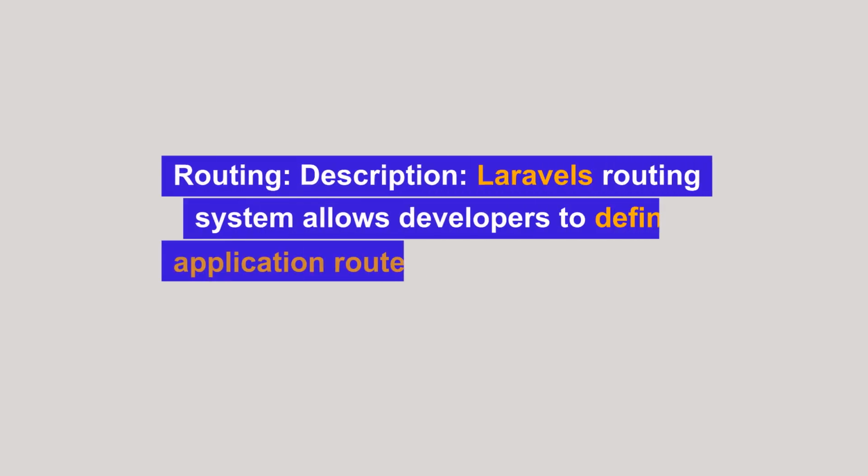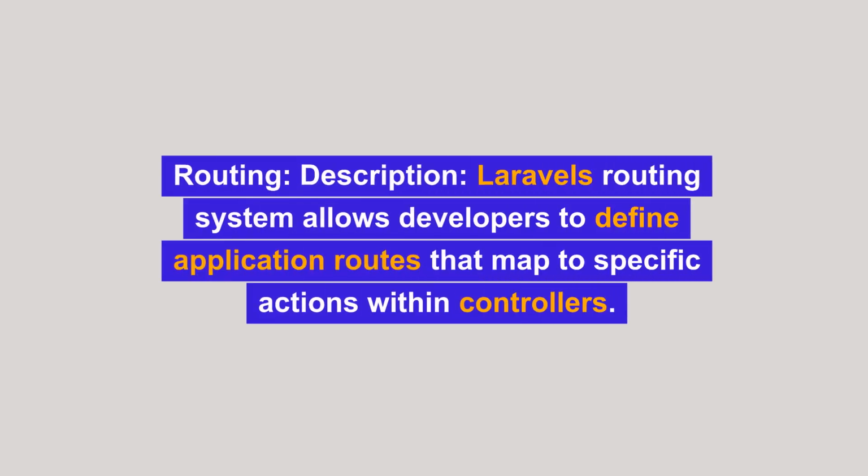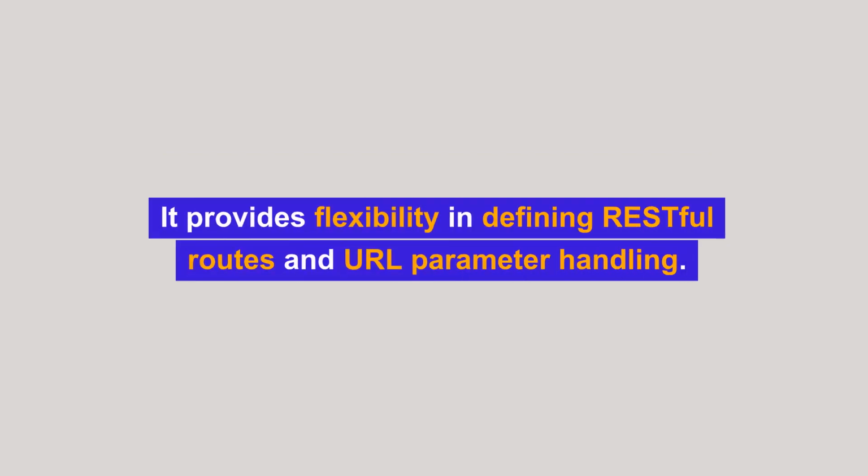Number 4. Routing. Description: Laravel's routing system allows developers to define application routes that map to specific actions within controllers. It provides flexibility in defining RESTful routes and URL parameter handling.